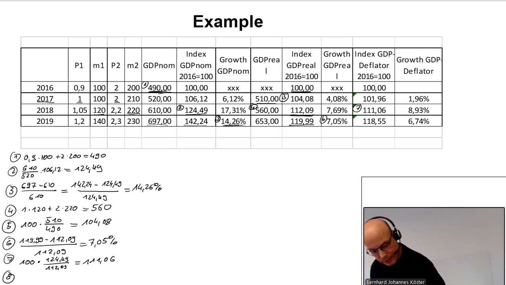And let's also calculate one last growth rate, and let's choose this one. Again, 111.06 minus 101.96 over 101.96 is 8.93%.